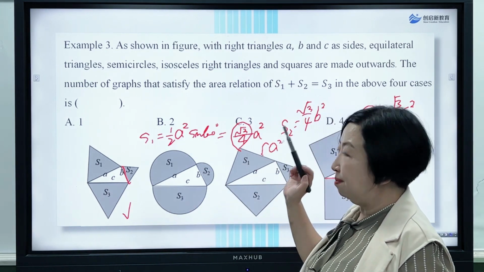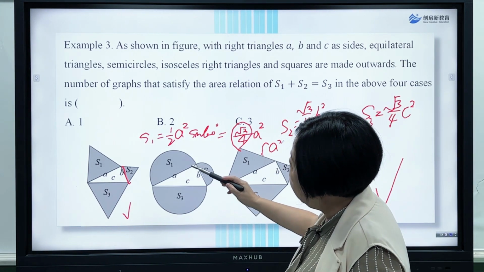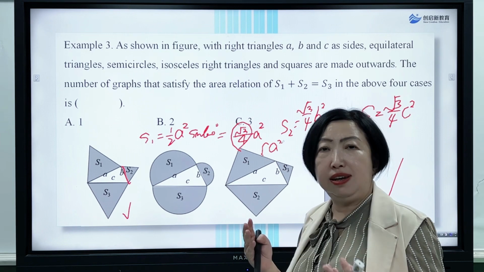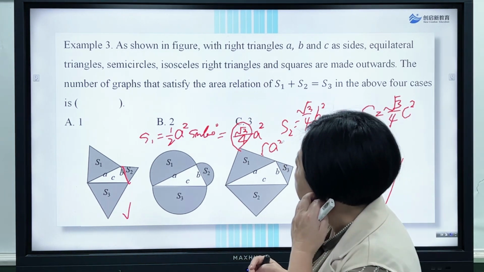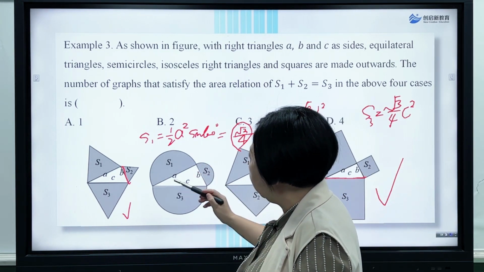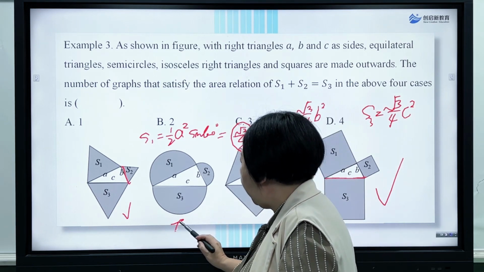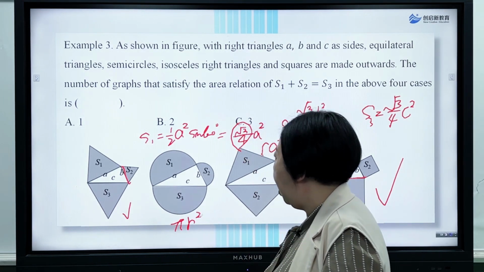Is here okay? Here are the semicircles. We know the area of a circle is pi times r squared.